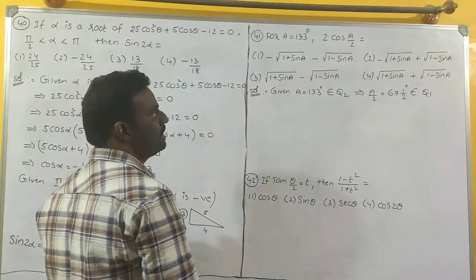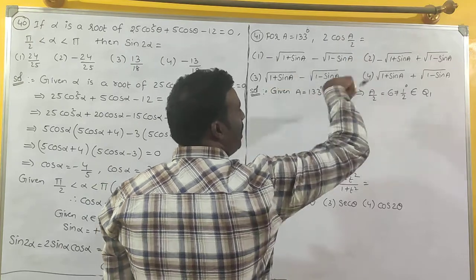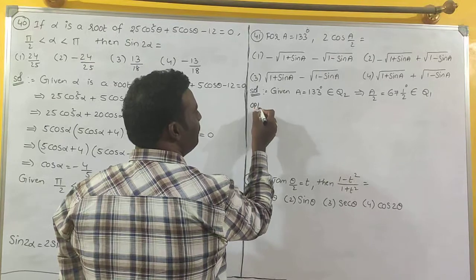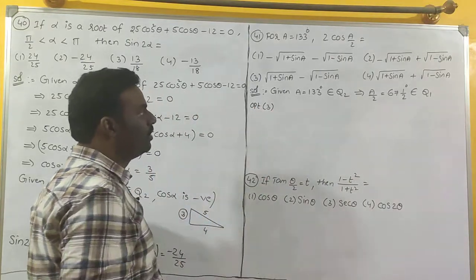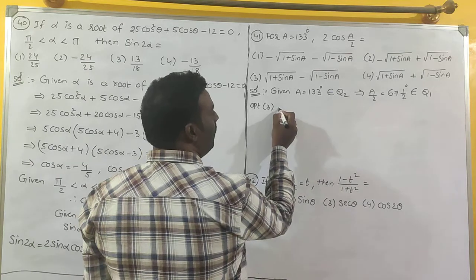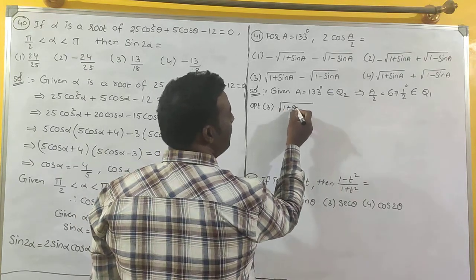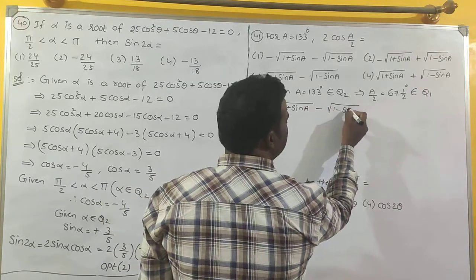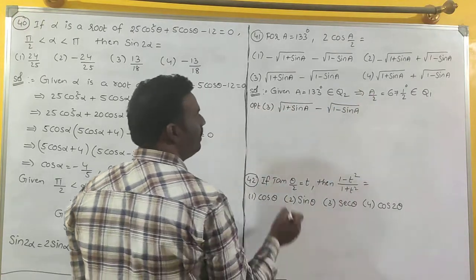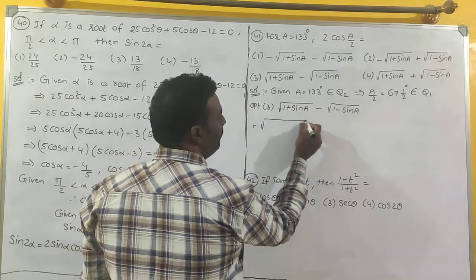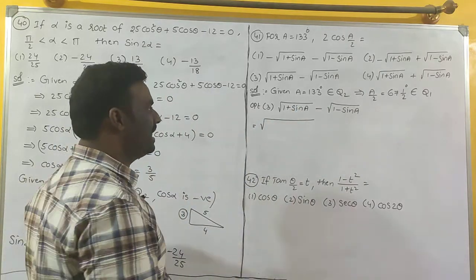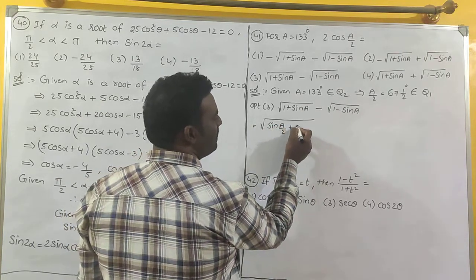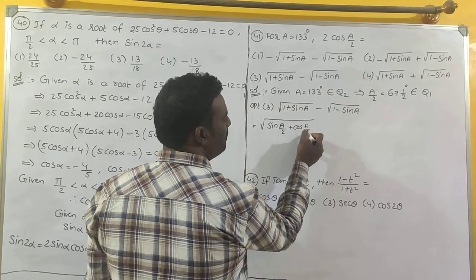Now, out of 4 options which is correct? Now I am verifying option 3. What is option 3? Under root of 1 plus sin A minus under root of 1 minus sin A. Under root of 1 plus sin A can be written as sin A by 2 plus cos A by 2 whole square.